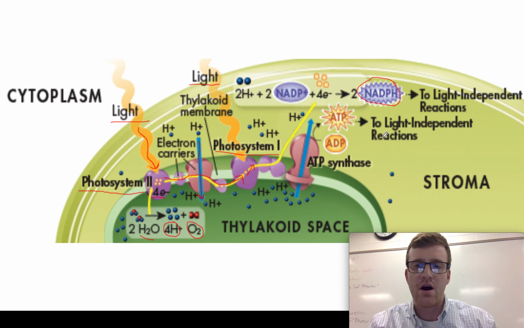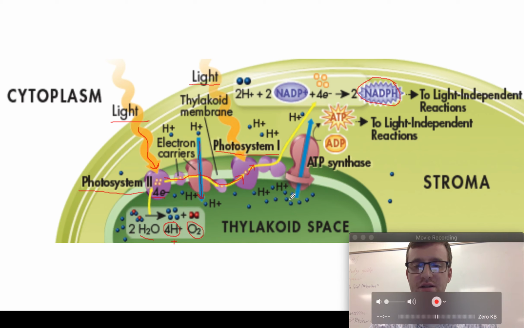Now, these hydrogens start to build up, not only because of the water that's being split to form hydrogen and oxygen, but because of the electron transport chain that's actively pumping them into the thylakoid space. All these hydrogen ions are building up in number and in charge, so the thylakoid space is becoming very positively charged.